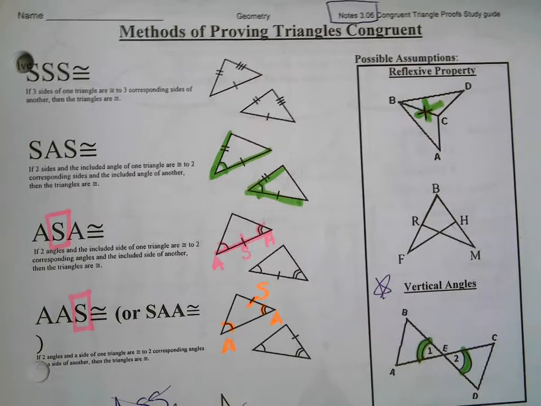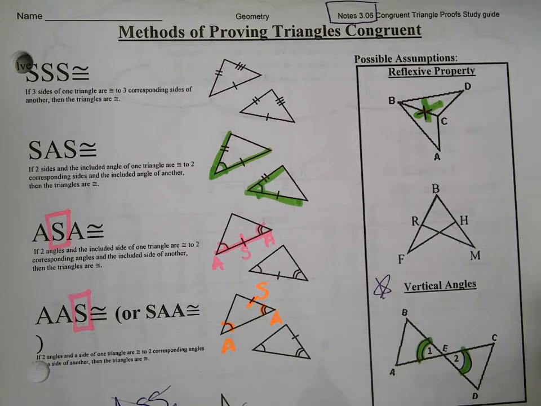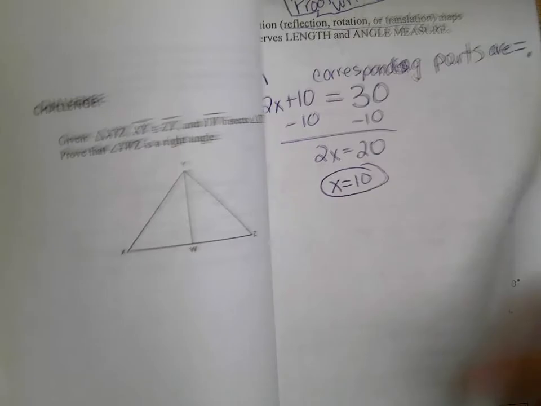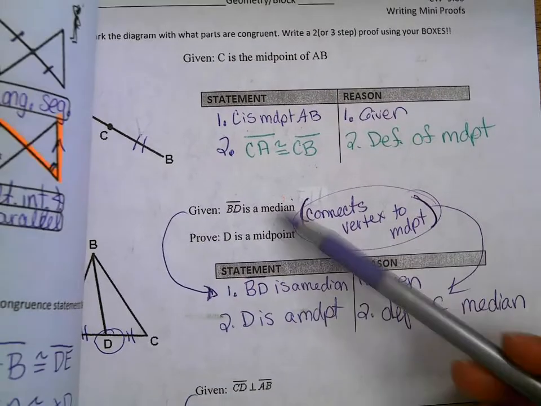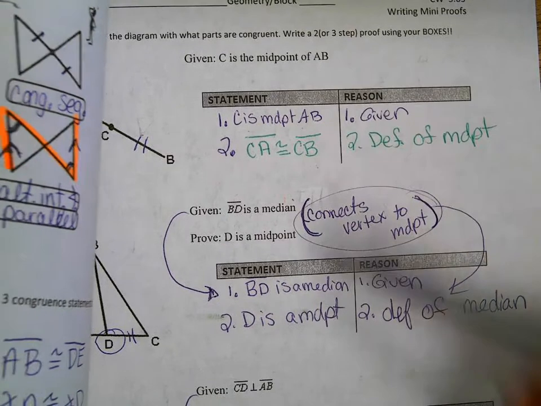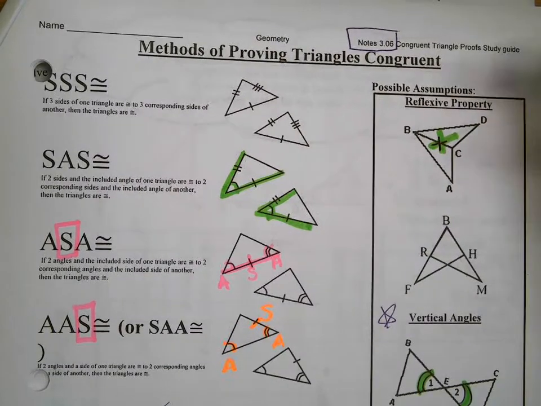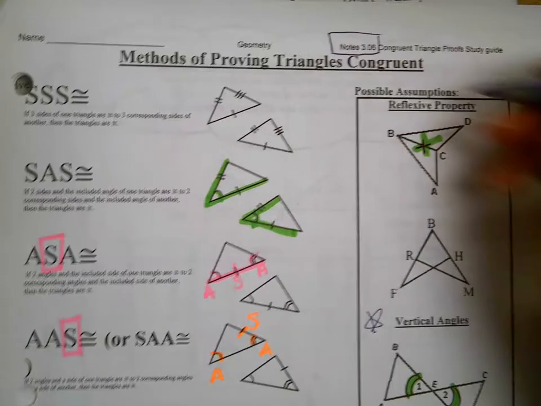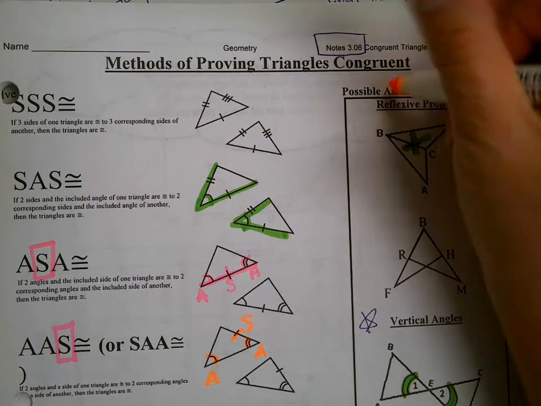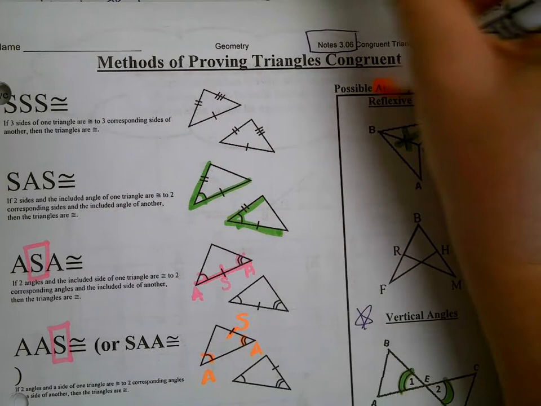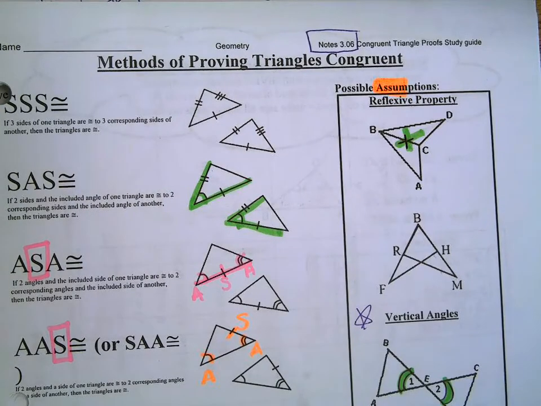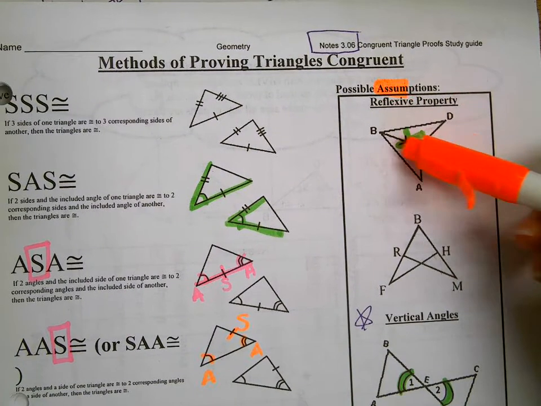Assumptions. So again, we're going to be given a set of rules. So last class, this classwork we went over the other day, okay? These little bits of information are now all going to be put together into longer proofs, okay? But an assumption, something you can assume is your reflexive property.